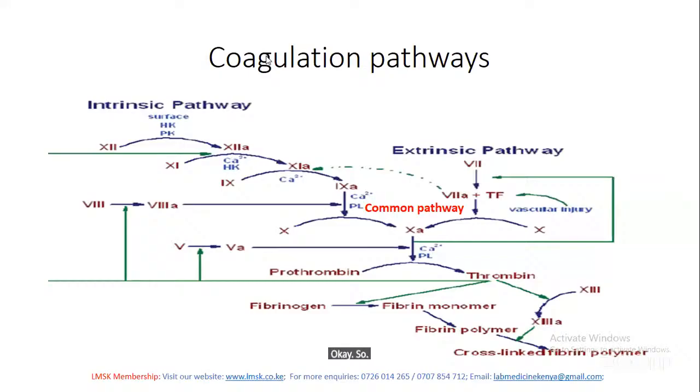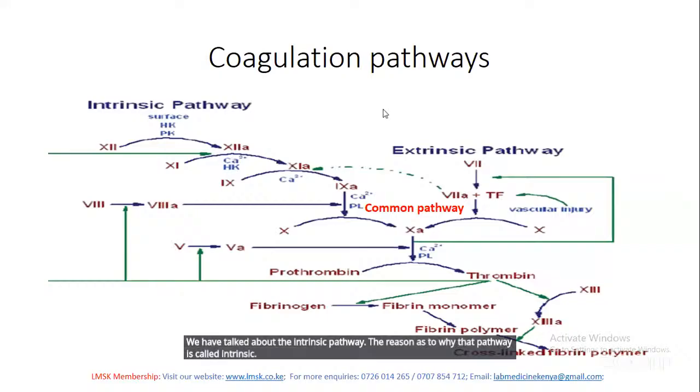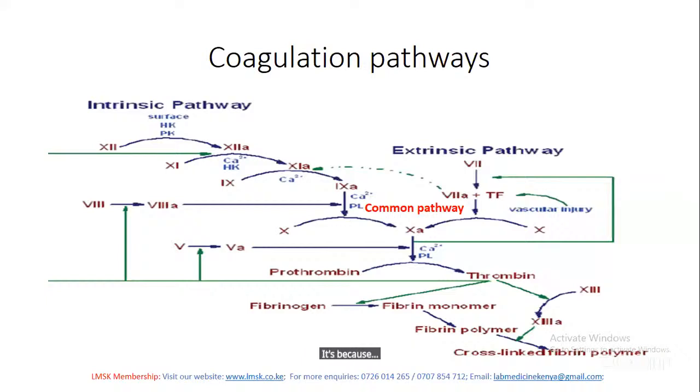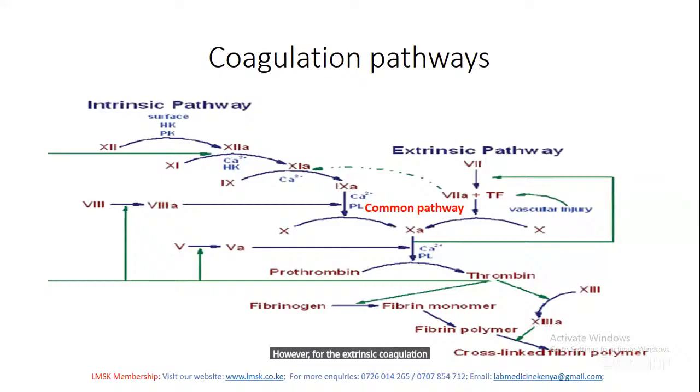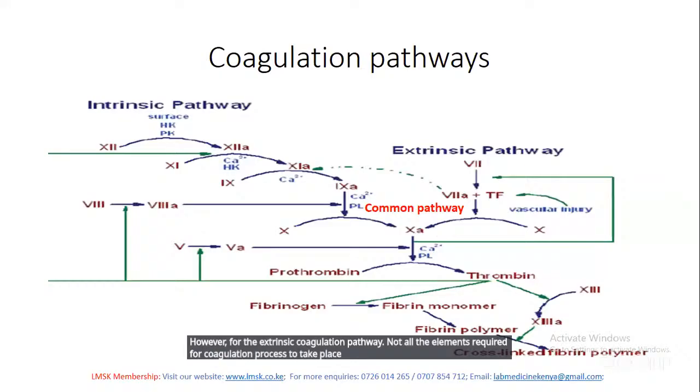So I was saying that we have the intrinsic pathway, the extrinsic pathway, and the common pathway. We have talked about the intrinsic pathway. The reason that pathway is called intrinsic is because all the elements required for the coagulation process to take place are readily available within the circulatory system. However, for the extrinsic coagulation pathway, not all the elements required are readily available within the circulatory system.